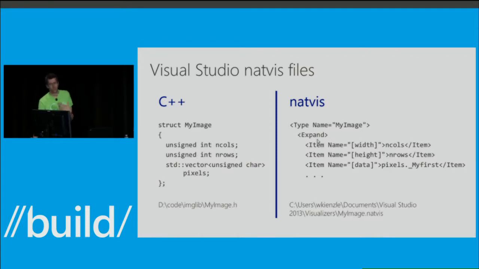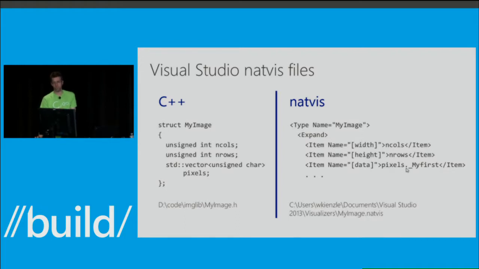So what you do is you write a little bit of XML, and this is the NatVis file. So you say type My image, so that says, okay, we want a special visualizer for My image. And then you add these items here to this list, which basically say, well, I want to evaluate this member expression here, columns, and I want to display it as width. Or I want to take n rows and I want to display it as height.